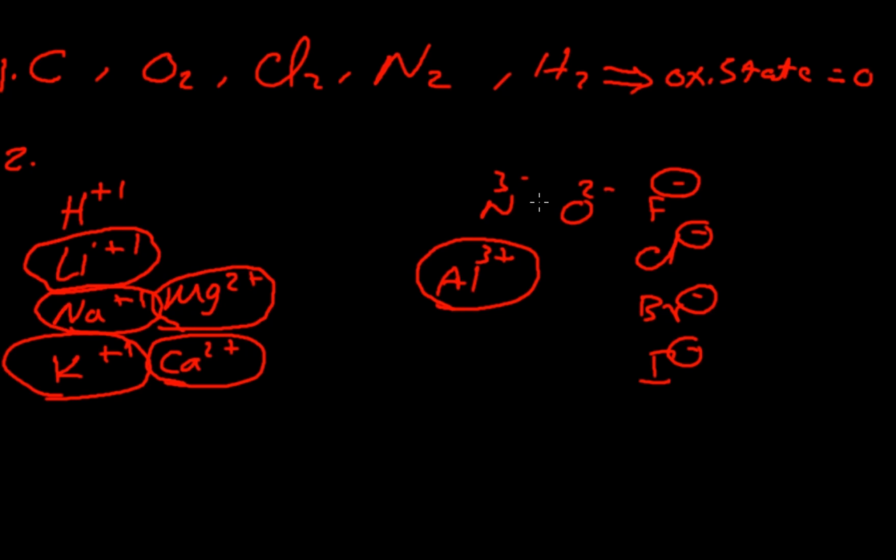So you will not be perfect at assigning oxidation states without practicing. So let's take some examples, such as H2SO4. This is sulfuric acid. Here the hydrogen should be positive 1 oxidation state, and each oxygen should have negative 2 oxidation state.